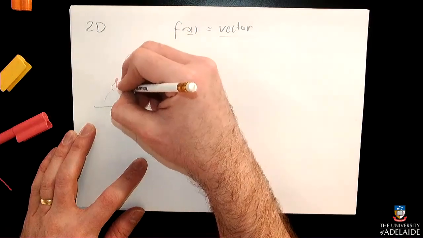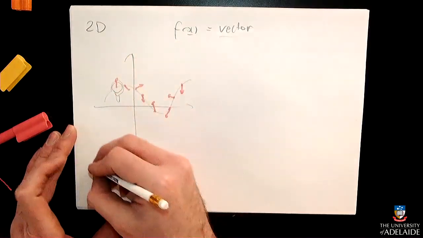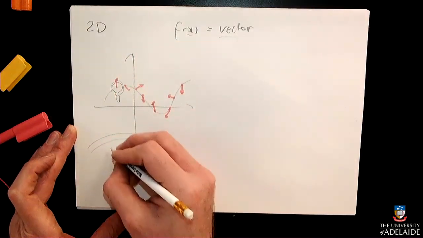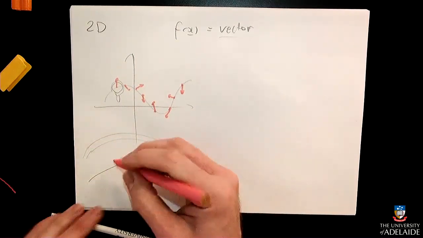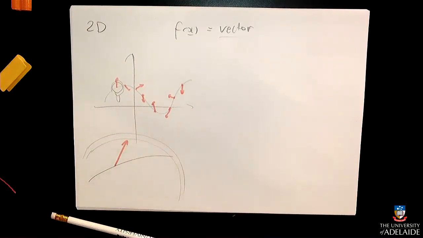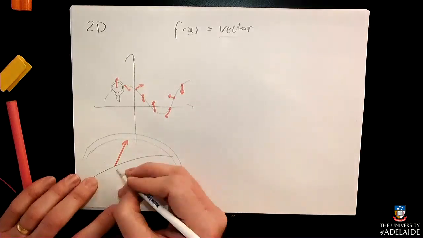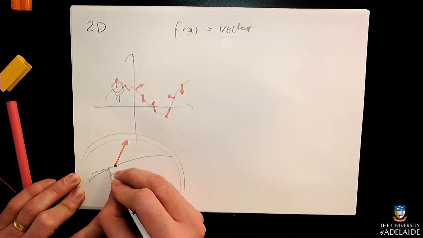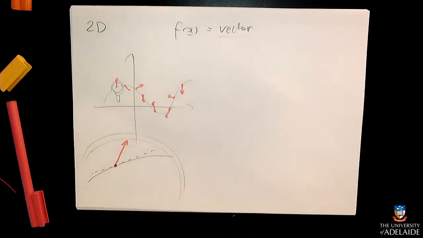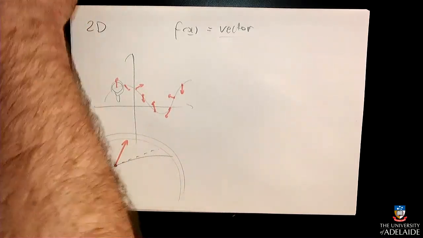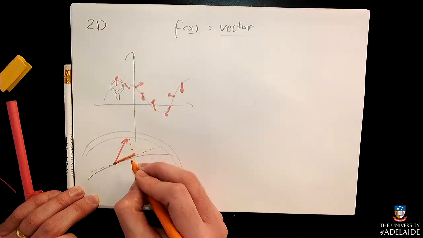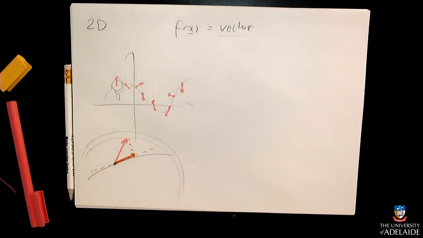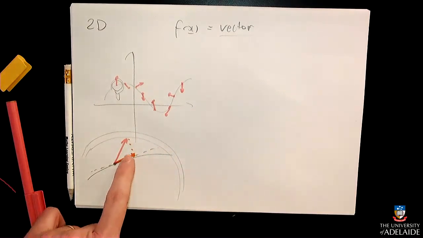So here's my magnifying glass. I'm going to say, well, the curve is currently going this way. That's the tangent to the curve here. And I'm going to figure out what component of this is in the same direction the curve is going. And that number is what I'm going to add up at every point.